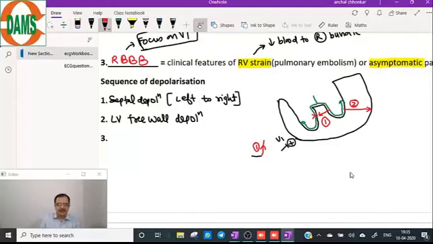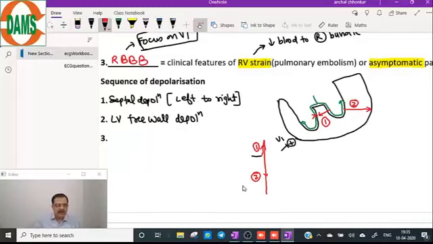There will be no simultaneous right ventricle depolarization because the right bundle is blocked. So the next event in the needle of V1 will be seen as going away. So there will be a deflection in a downward direction.